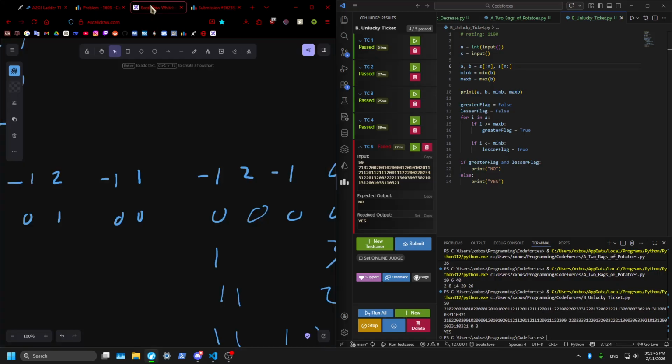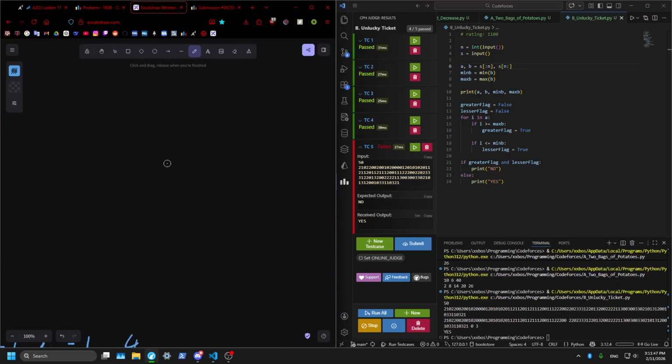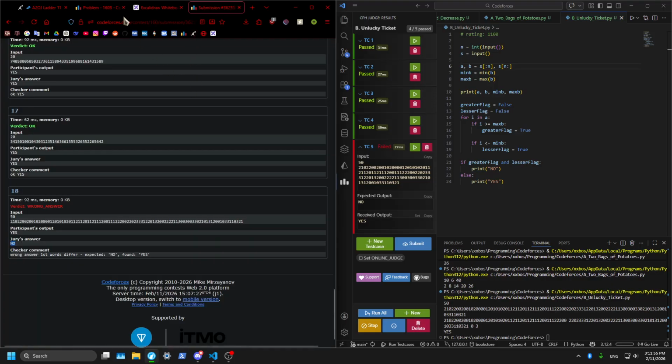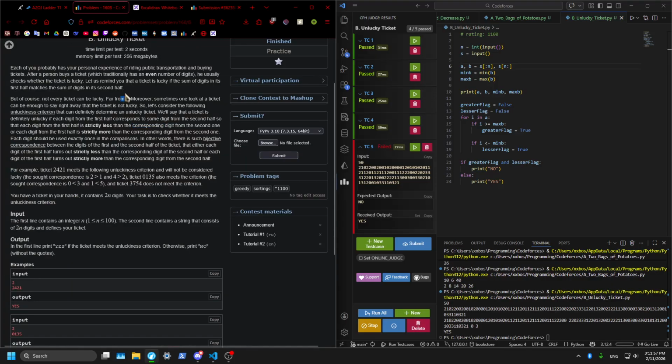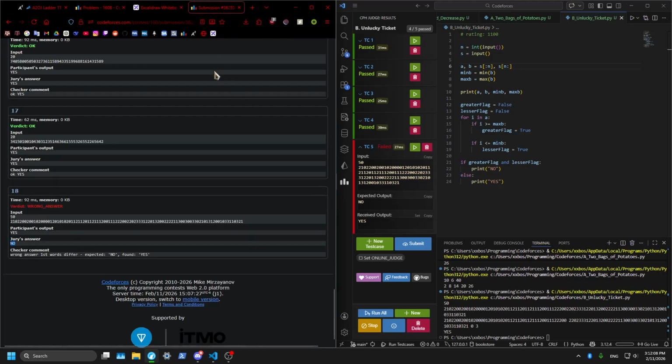When I think corresponding, I think this is A, this is B, and then we match the indexes up. Why is this 2421?